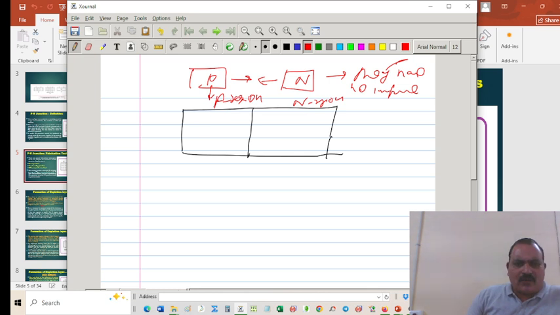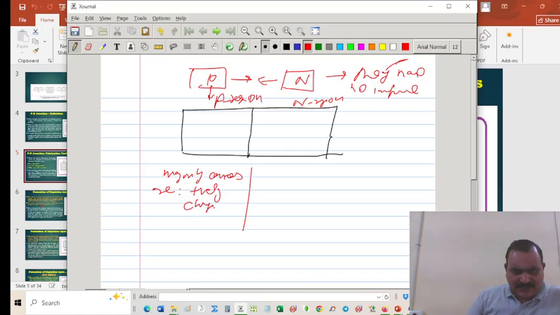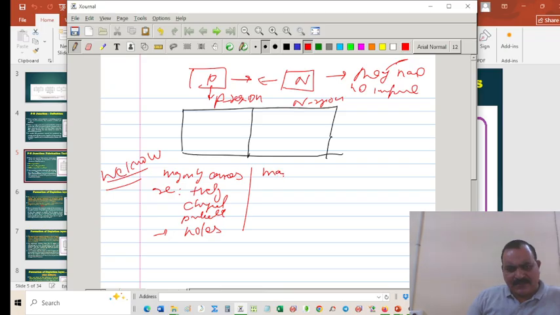So okay, what we know is that on the p side your majority carriers are positively charged particles, and these are holes. Positively charged particles are the majority carriers, and we know all these things. And for the n side, majority carriers are your electrons.